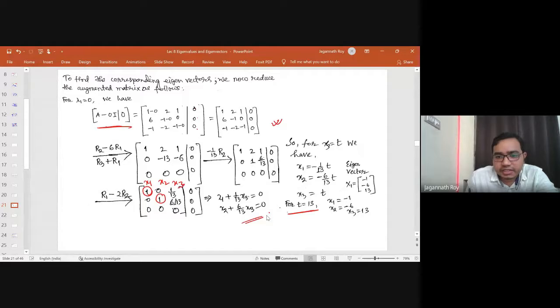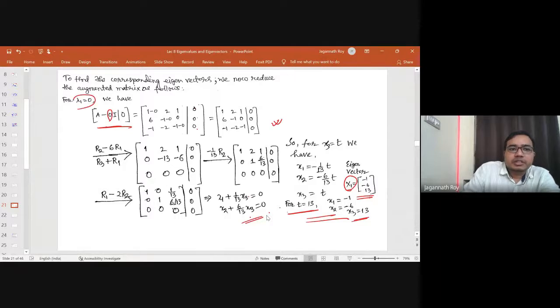So x3 is a free variable, there is no pivot element here, and x1 and x2 depend on it. So that is why we have to take the solutions of this form. This is an eigenvector corresponding to the value 0.